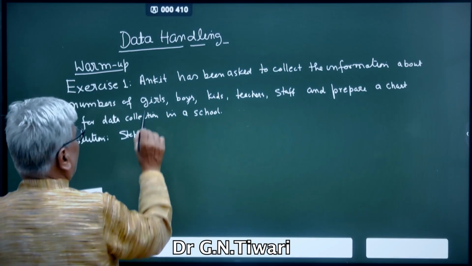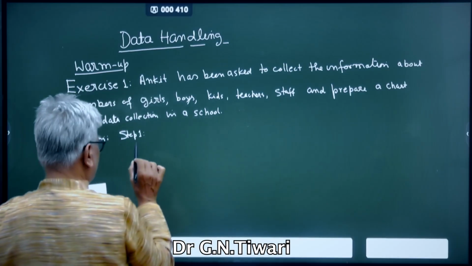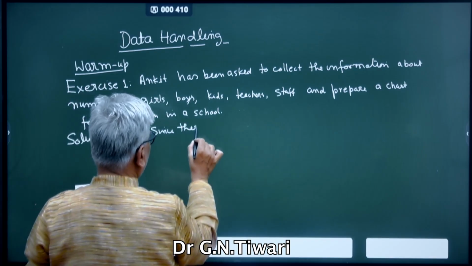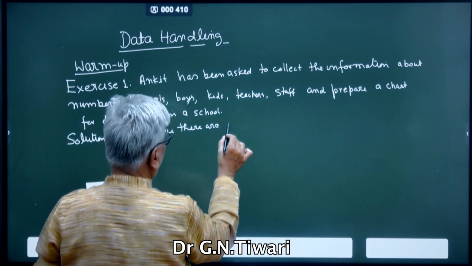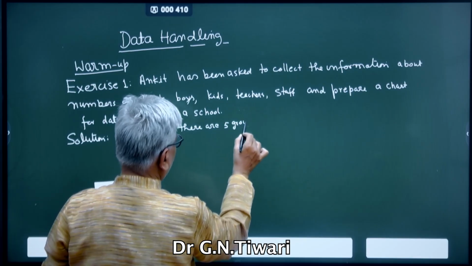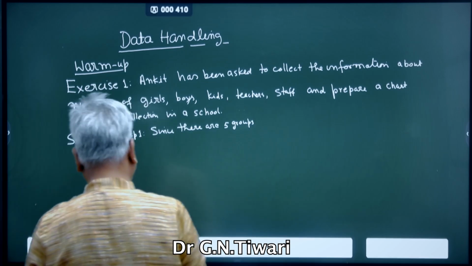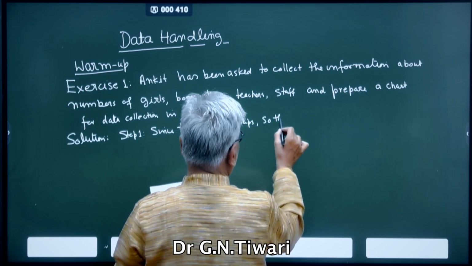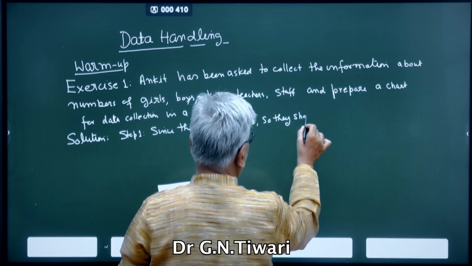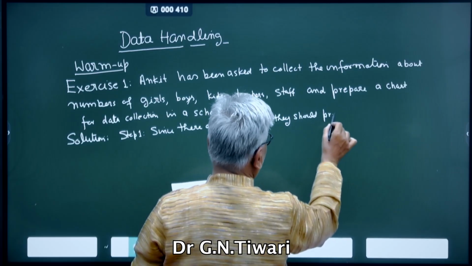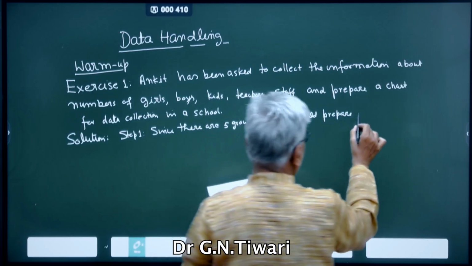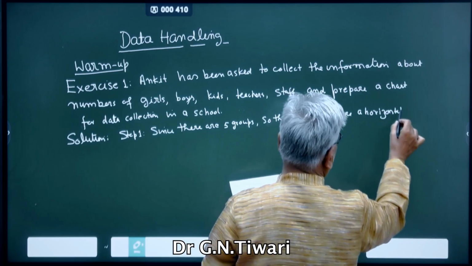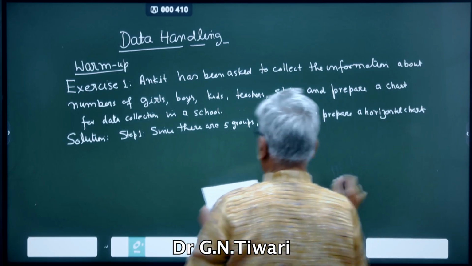Now he should understand there are 1, 2, 3, 4, 5 groups, so they should prepare a horizontal chart as follows.